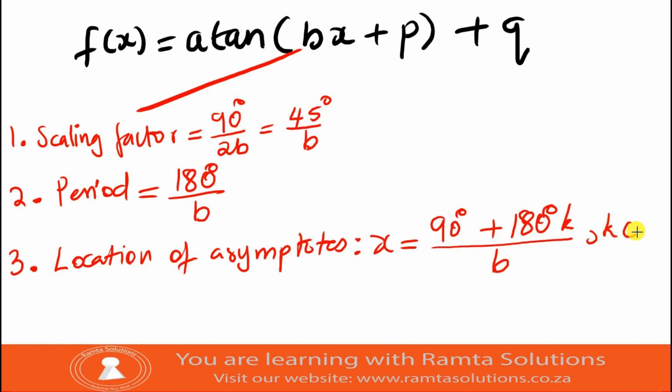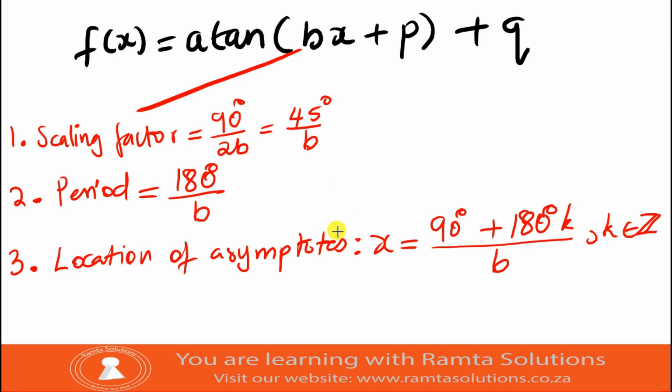Note, k is an element of the integers. So if you are plotting your graph where your domain is 0 to 360 degrees, you must start with k equals 0. It'll give you exactly what you are looking for.